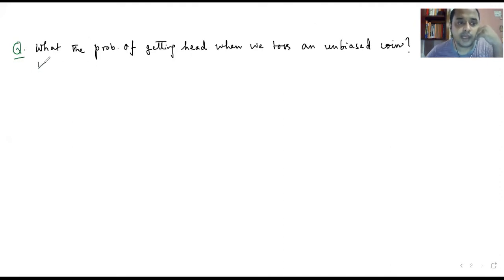I'm not waiting for the answer, it is half. If I say what is the probability of getting tail, it is also half. You are applying the classical definition of probability, and you are automatically assuming that this head and this tail are equally probable.